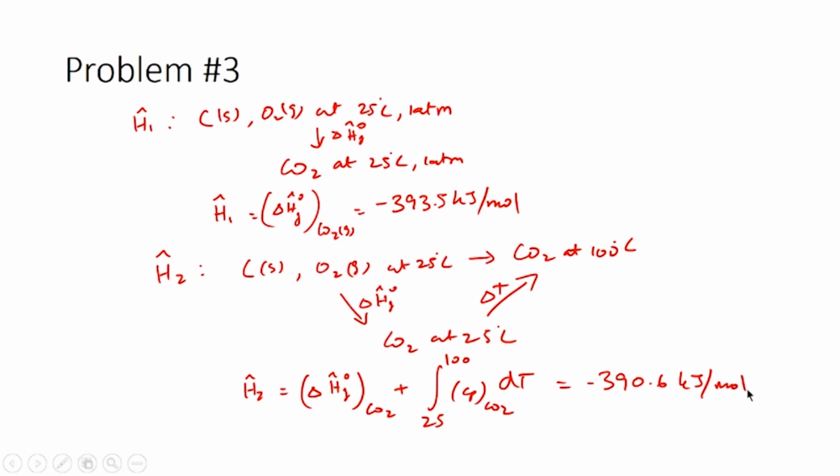Since CO2 is a combustion gas, instead of performing integral Cp dT, we would also be able to get the value for the enthalpy of carbon dioxide with reference to 25 degree Celsius from a table, which is the combustion gas table which we had discussed earlier.